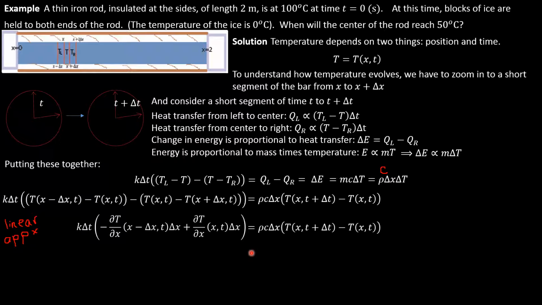Moving on to the right-hand side, I actually did not change anything, so it's just that. And finally, using linear approximation again, this entire quantity is actually the partial derivative with respect to x twice of the temperature function at x minus delta x comma t times k delta t delta x.